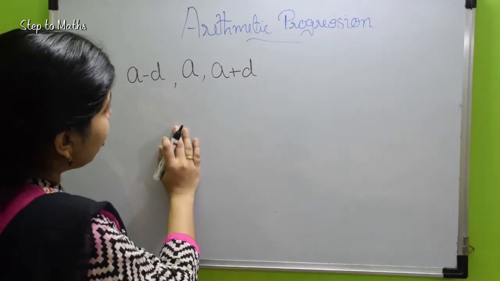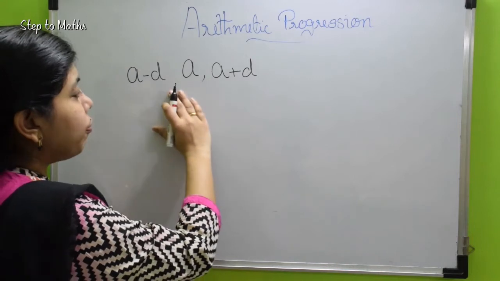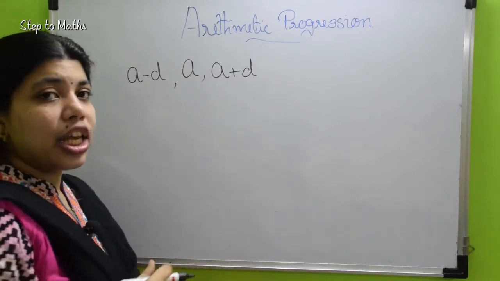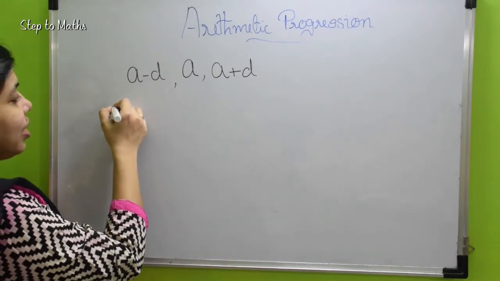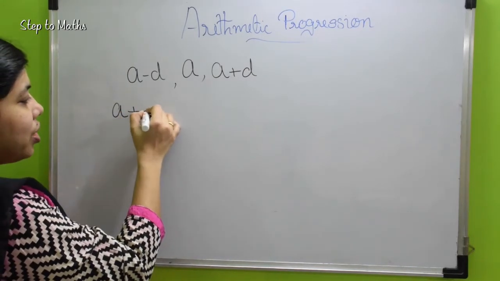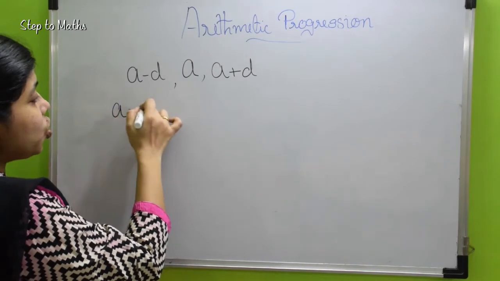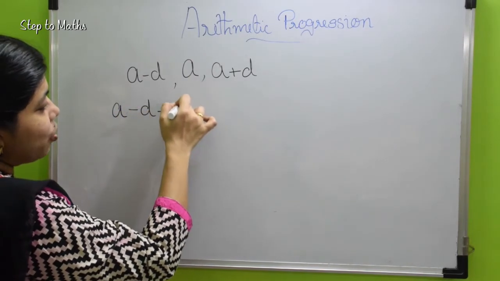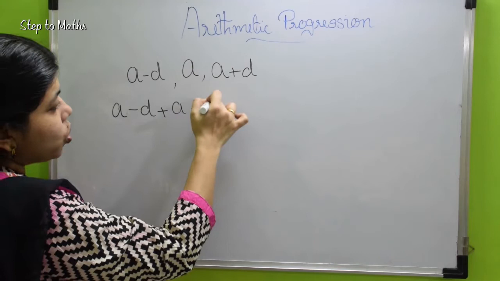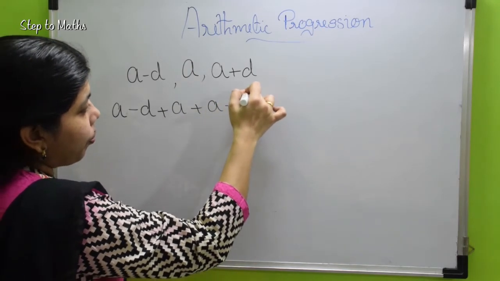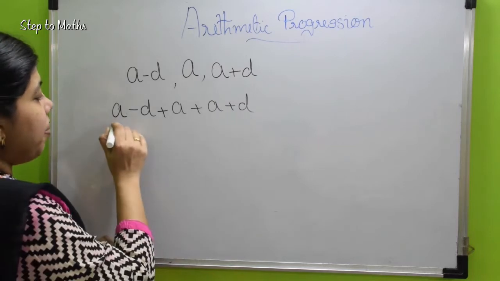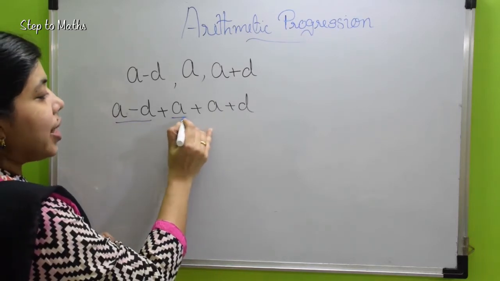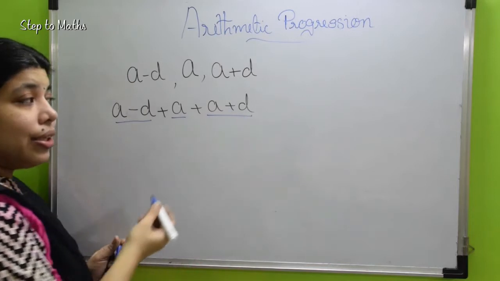And according to the question, the sum of these three terms is 27. So we can write it as a minus d plus a plus a plus d. A minus d first term, a is second term and a plus d is the third term.